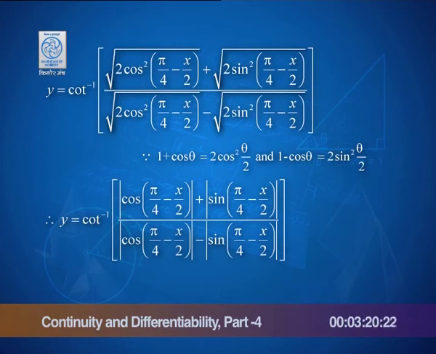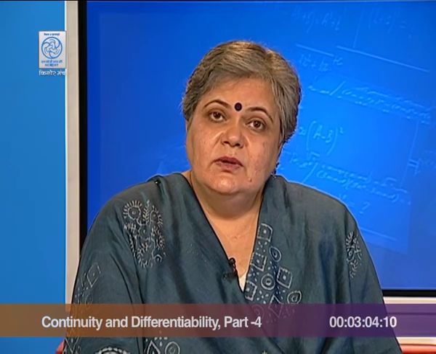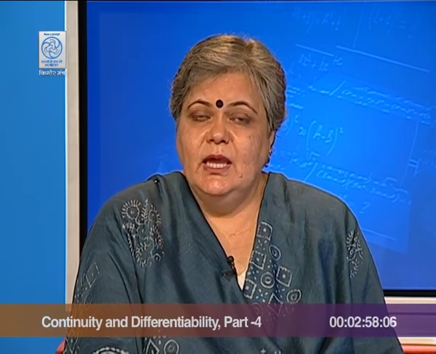Now, why do we have modulus here? Because square root of a square depends on what a is. Is it going to be positive a or negative a? Depends on a in sense, if a is a positive quantity, then root of a square is going to be a.